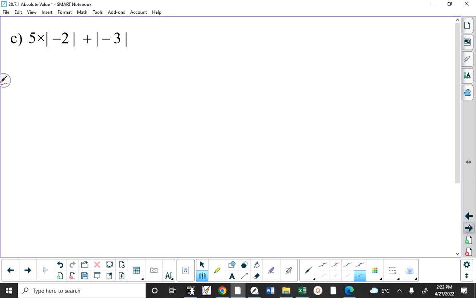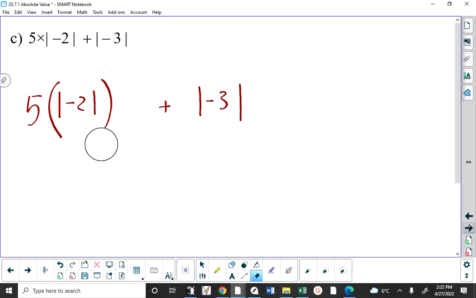5 times the absolute value of negative 2 plus the absolute value of negative 3. So I want to write this out a little bit differently. It's not the brackets that I care about. But if you just look without thinking or looking at the big picture and you see this line and this line, you might think that's an absolute value pair.